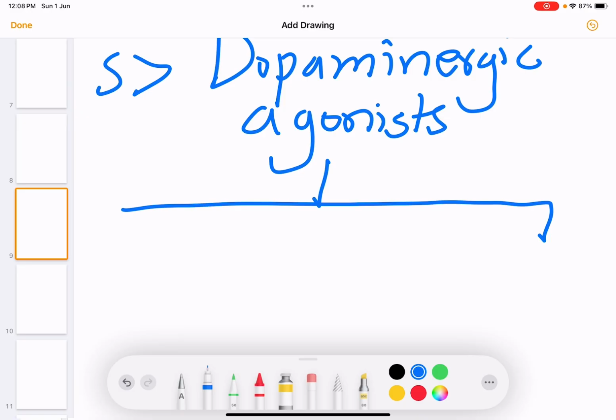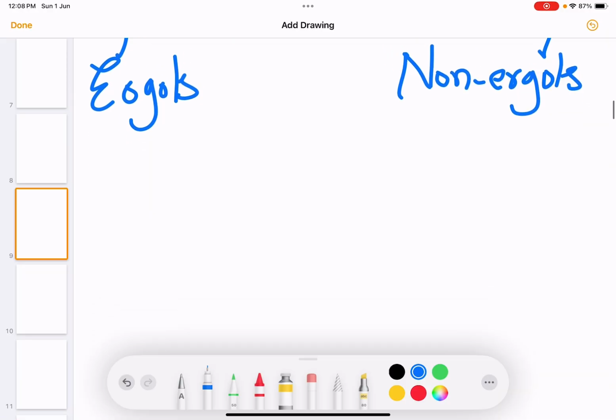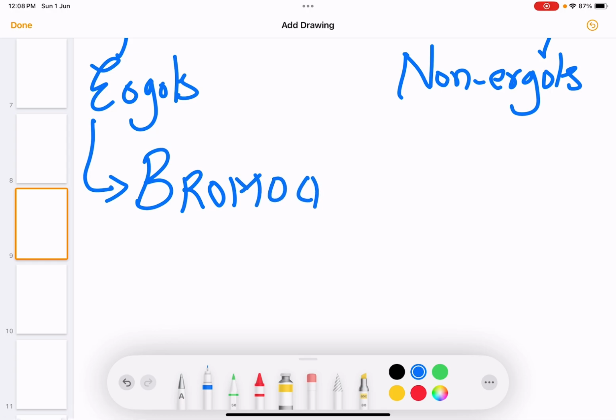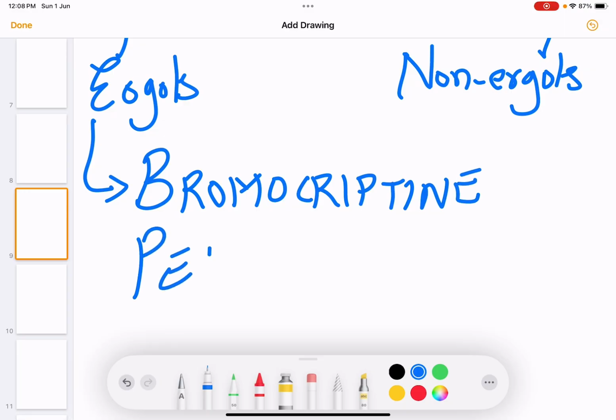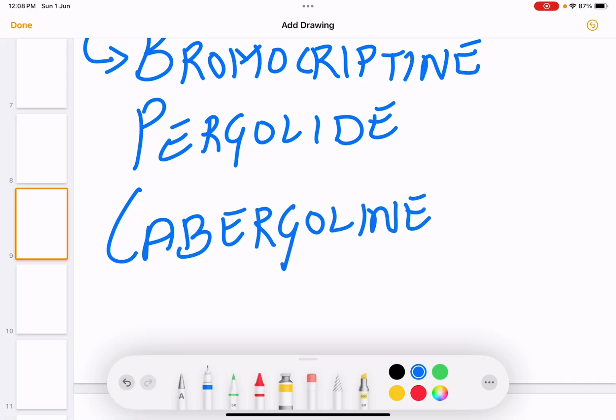They are also in two categories, ergots and non-ergots. Ergots are bromocriptine, pergolide, and cabergoline. These ergots are not used for Parkinson's disease now because of risk of ergotism.